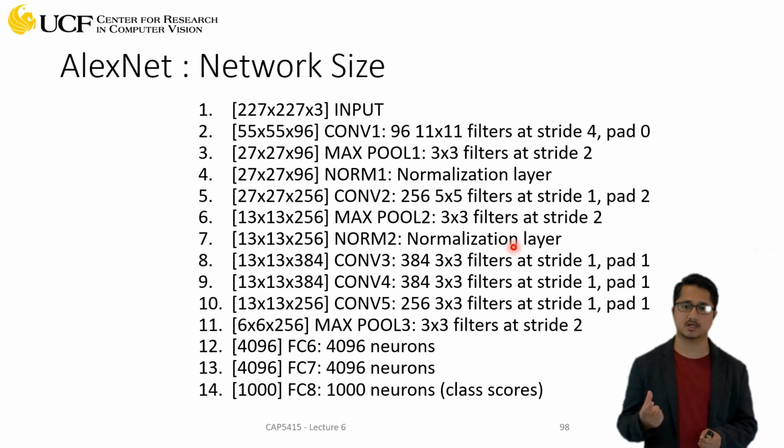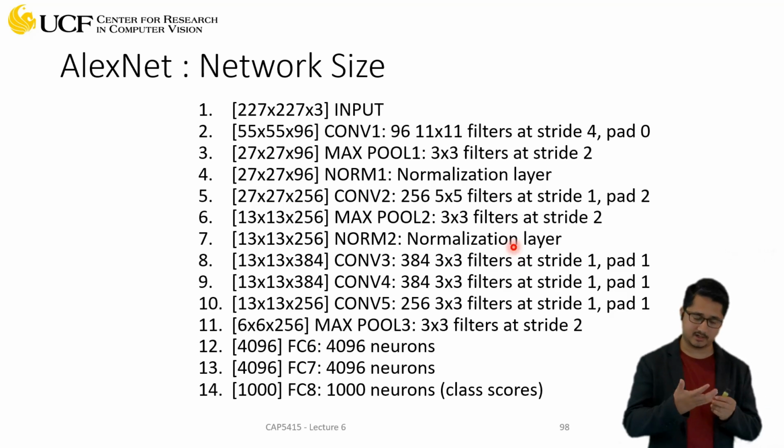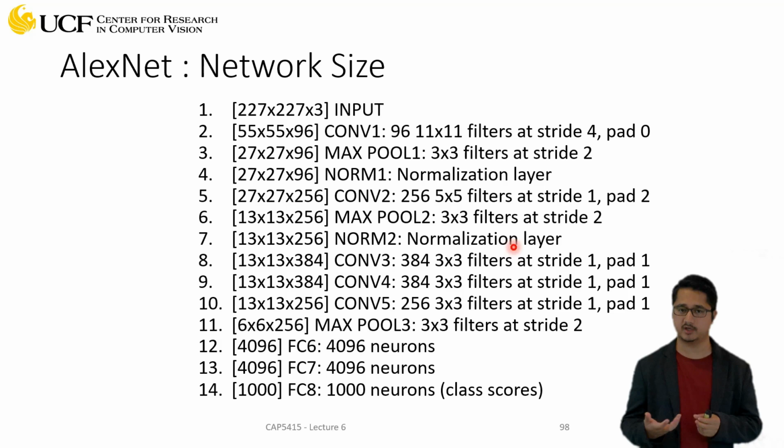These numbers are hyperparameters of your network. So there's a distinction between parameter and hyperparameter. A parameter is something which is learned when you train your network, like the values in those kernels, but the numbers which define the architecture, or which define the training of your architecture, are called hyperparameters.